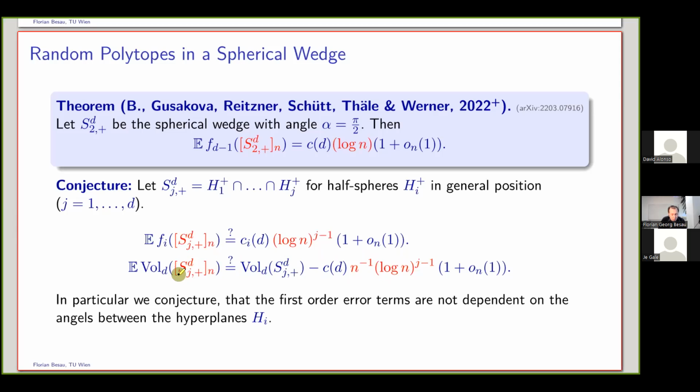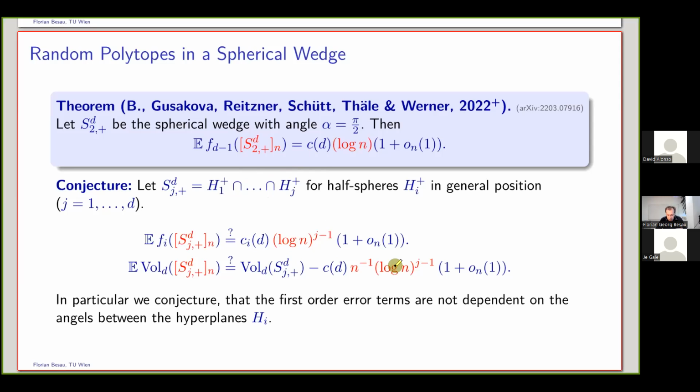So furthermore, we also conjecture, so we fix in this result the angle between the two hyperplanes to be orthogonal. This is just for technical reasons because our calculations were already involved enough. But essentially, we believe that this angle should not play a role in the constants appearing, or even in this more general case. So the actual angles between the half spaces should not enter in these limit theorems, we believe.